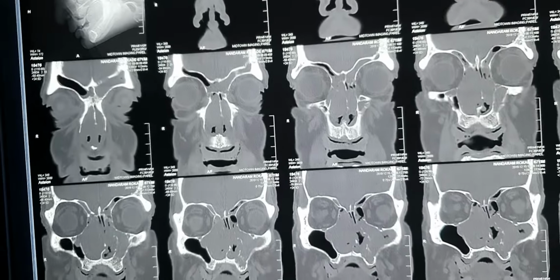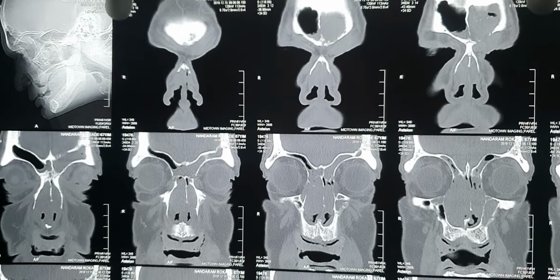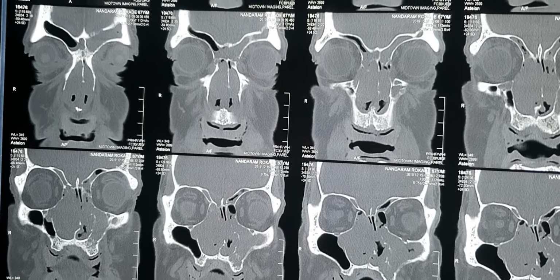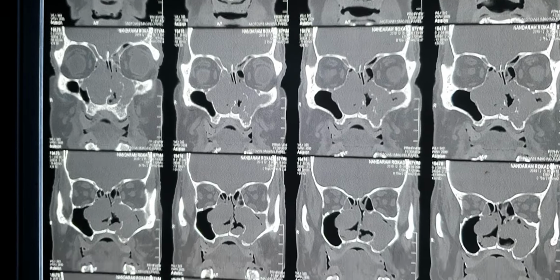So today the aim of this video is to show you guys how to read a CT scan in a suspected case of a tumor, wherein the anatomy of the nasal cavity and the paranasal sinuses is completely distorted.